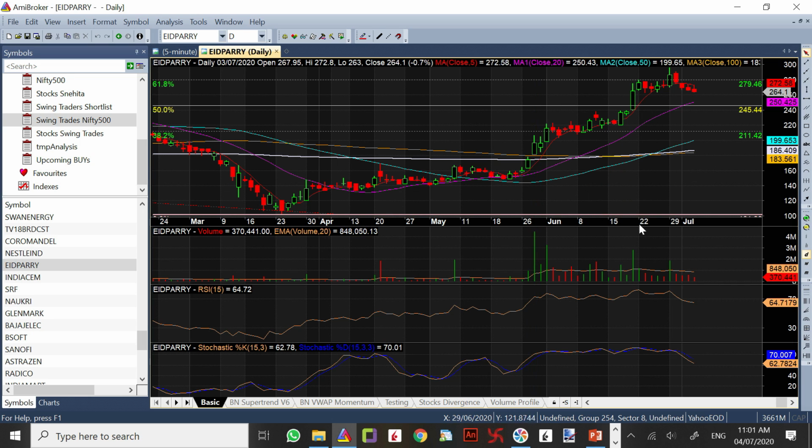And you look at the volume here. I should be able to mark in the volume area also, why not, right? Yeah, this one. Look at this volume on 28th May. It's huge.